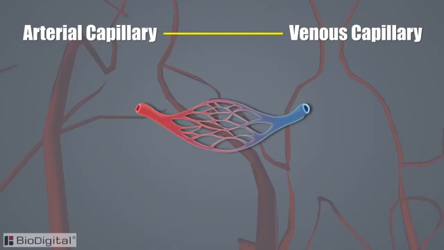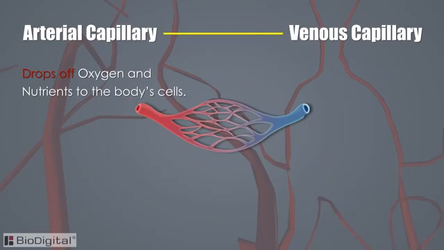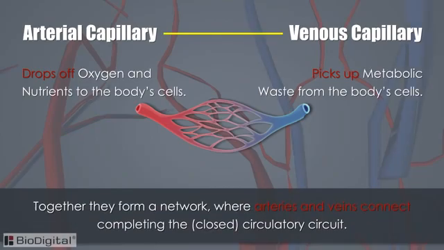The arterial side of the capillaries is dropping off oxygen and nutrients to the body's cells. The venous side of the capillaries is picking up metabolic waste from the body's cells. Together they form a network where arteries and veins connect, completing the closed circulatory circuit.